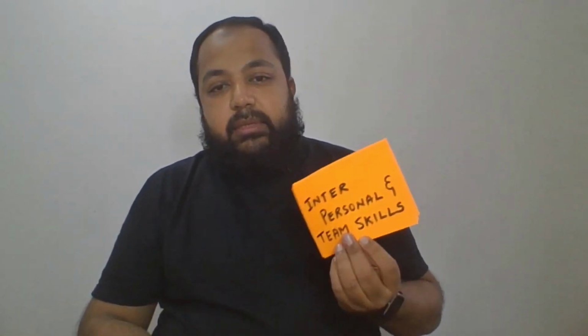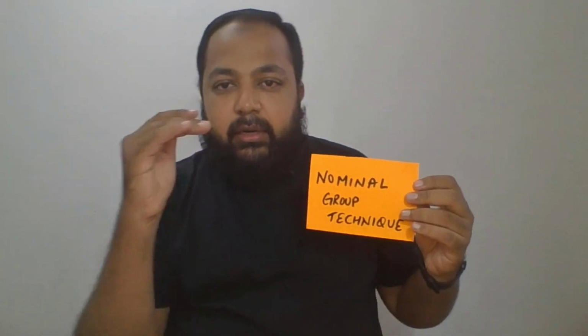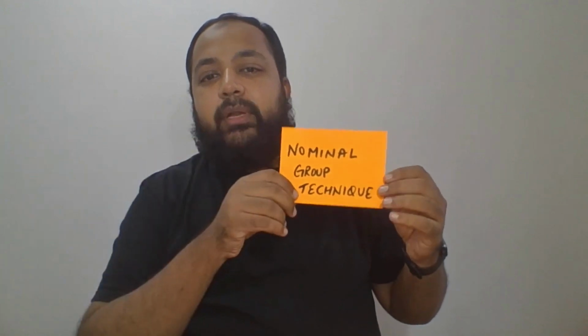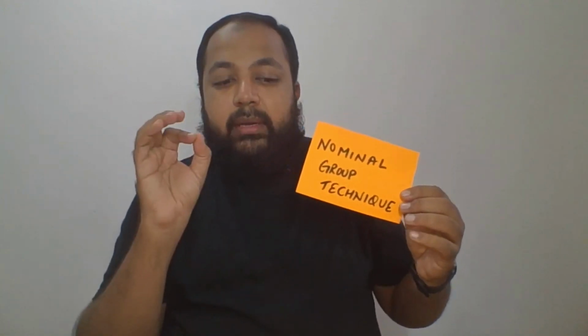Next, interpersonal and team skills. The first one is called nominal group technique. Nominal group technique is nothing but, once you do brainstorming of umpteen diverse ideas, you start grouping and ranking them, and you'll have somebody moderate it, right?